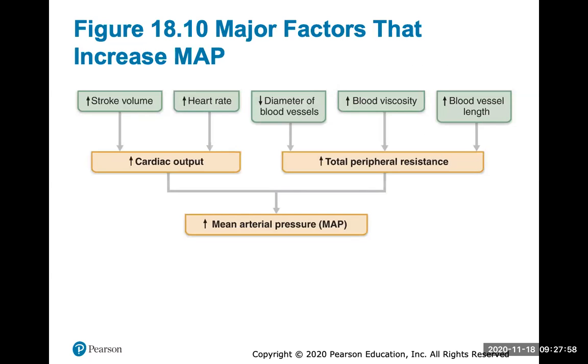So these are major factors that increase cardiac output: an increase in stroke volume and an increase in heart rate will increase your cardiac output. If the diameter of your blood vessels decreases, or blood gets stickier, or flow increases, that will increase total peripheral resistance. So both will increase the mean arterial pressure.